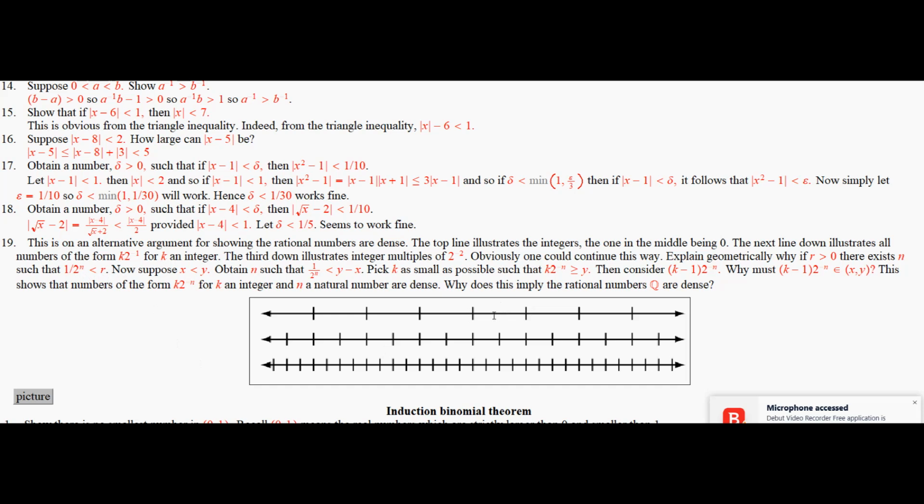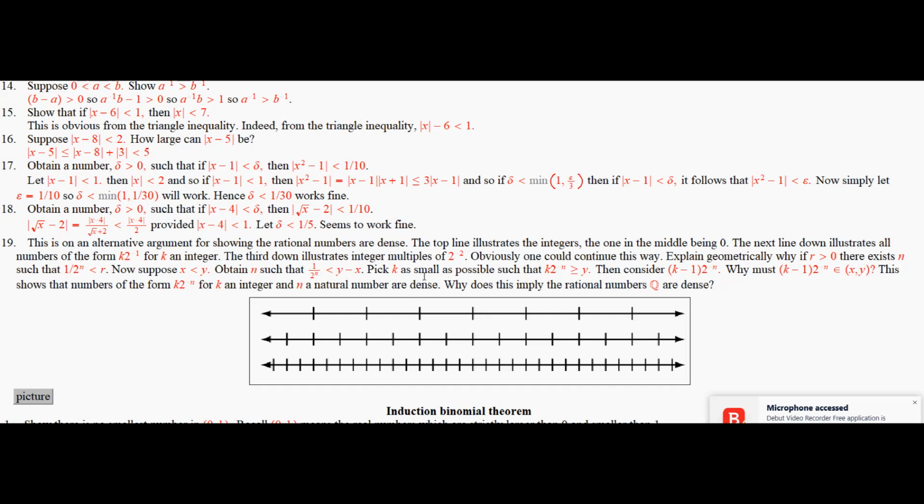That's a half of this interval. See it like that? And then half of that would be here. And so you see, I just keep chopping that in half, and I'm getting closer and closer to 0. So we'll go ahead and believe that we can do this and find an n so large that 1 over 2 to the n is less than r.